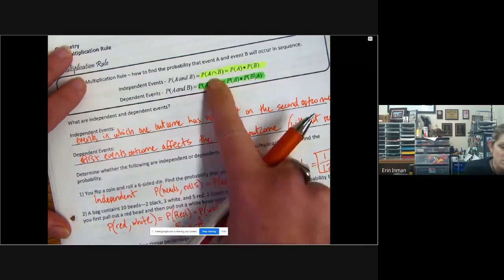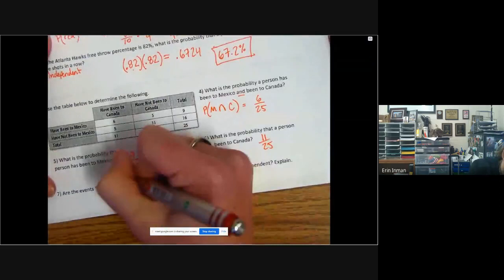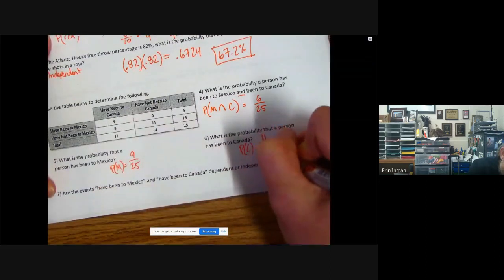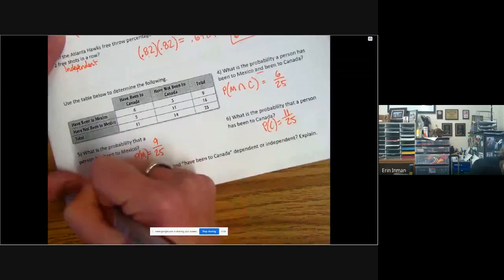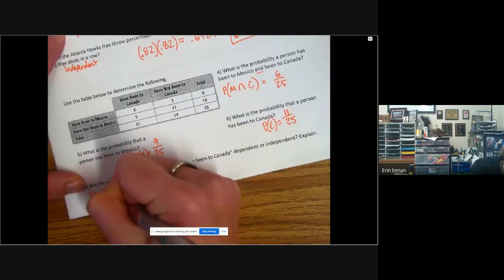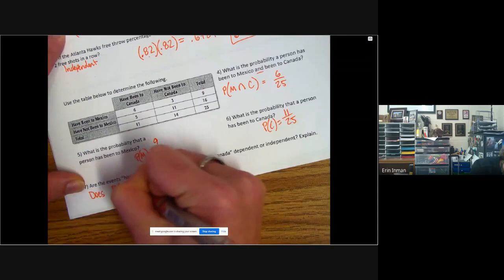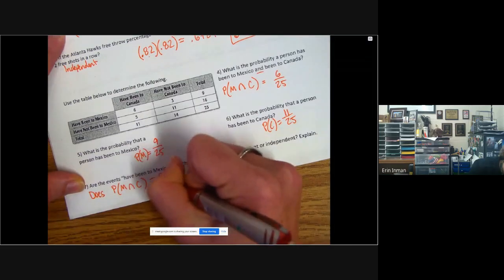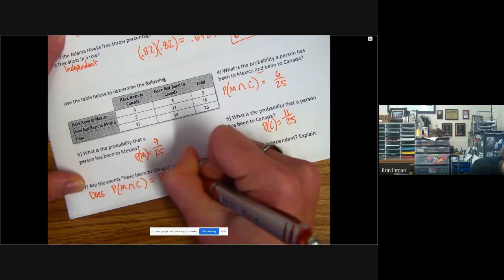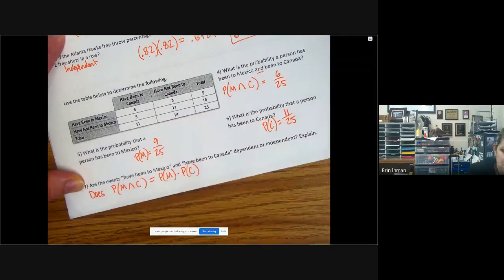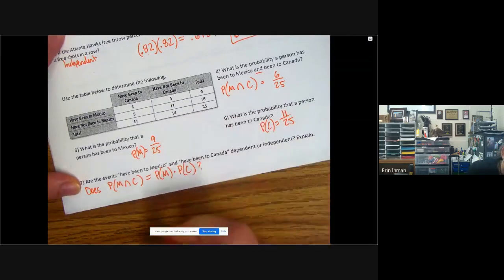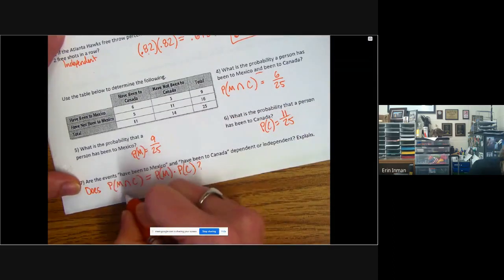So we can check this. We know that this was the probability of Mexico. This was the probability of going to Canada. And so we're really going to see, does the probability of this intersection equal the probability of Mexico times the probability of Canada? If so, it's independent. So let's check.